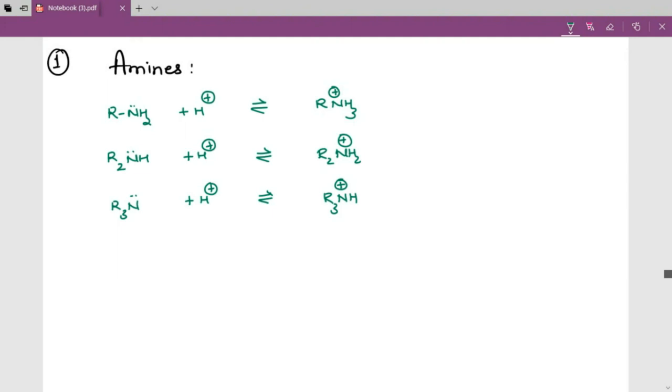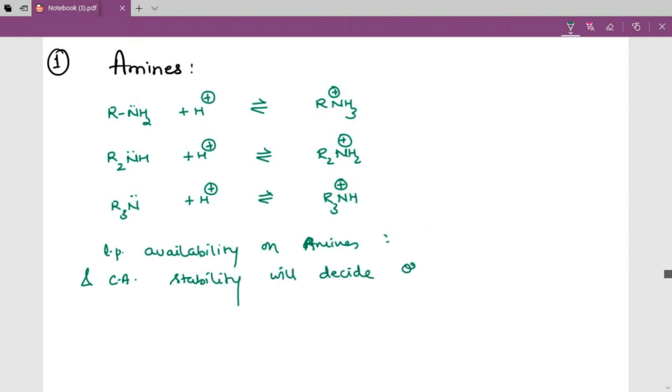Or I can simply say the lone pair availability on amines, 3 degree greater than, sorry, will decide, and conjugate acid stability will decide the order of basic strength.